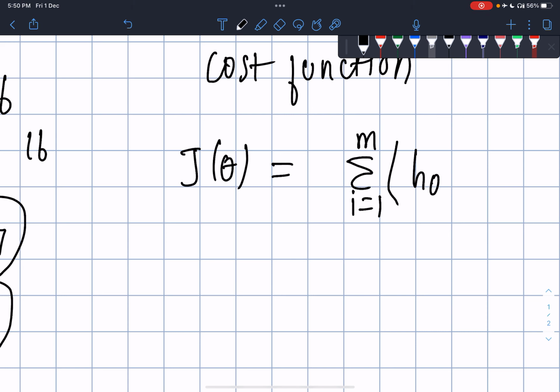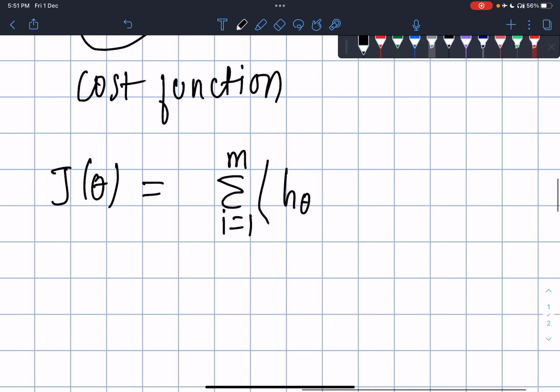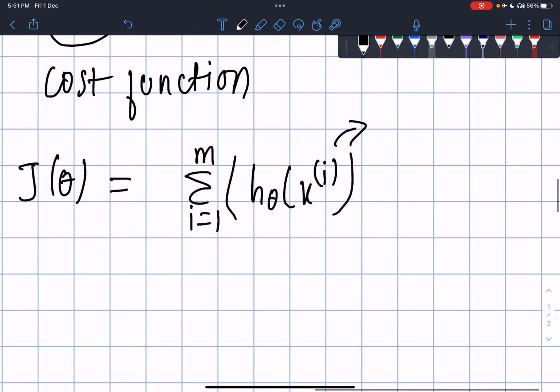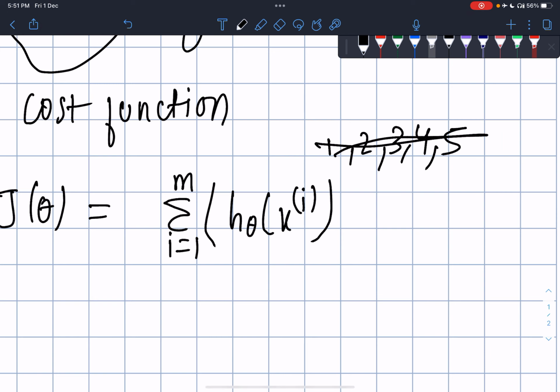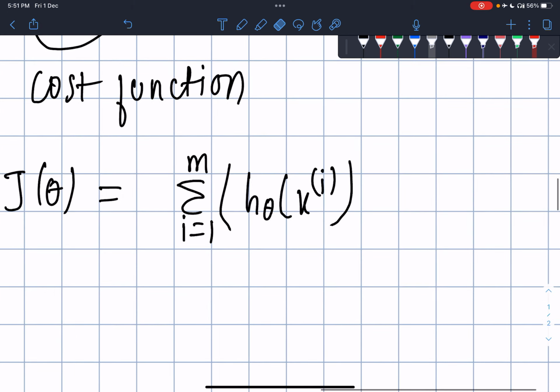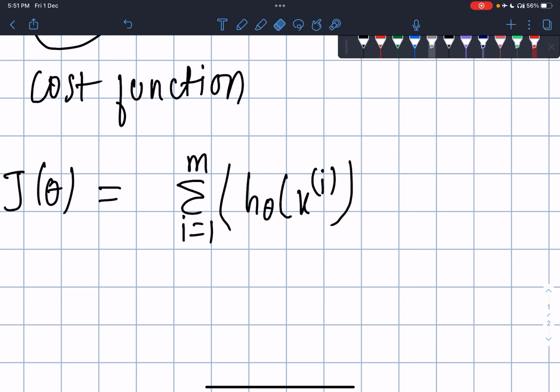You have the hypothesis, the function we talked about earlier, and this is the x, with a superscript. We know about subscript and superscript. This doesn't relate to exponents, like a power of 2 or 3. No, it's not like that. It's the representation of which number, which portion, which nth term it is.